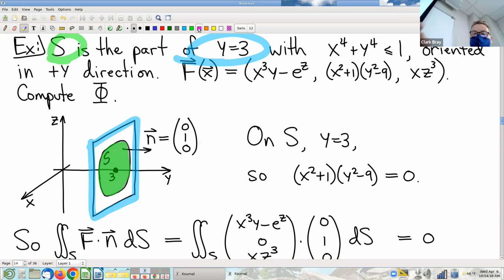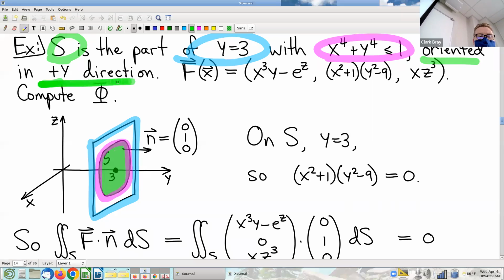Specifically, it's the part that is inside of a certain curve. And you notice those are 4th powers. So this is not a circle, right? But this is vaguely round-ish, I guess I'll say. So there's our surface. You'll notice, furthermore, it's oriented in the positive y direction.